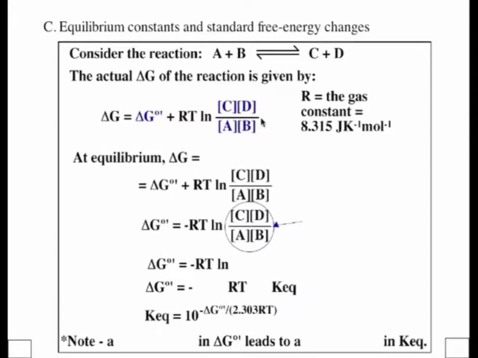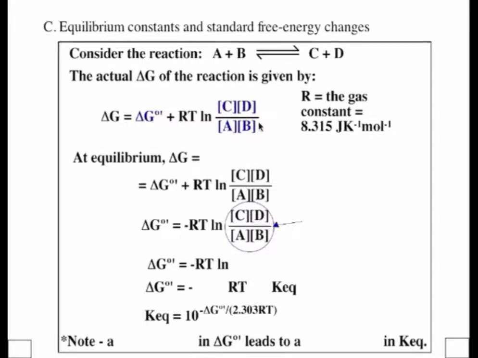This is something that looks probably familiar to you, but notice that what this means is that in order to calculate the actual delta G as a function of the biological standard state delta G, we have to know something about the concentrations of the products and the concentrations of the reactants.